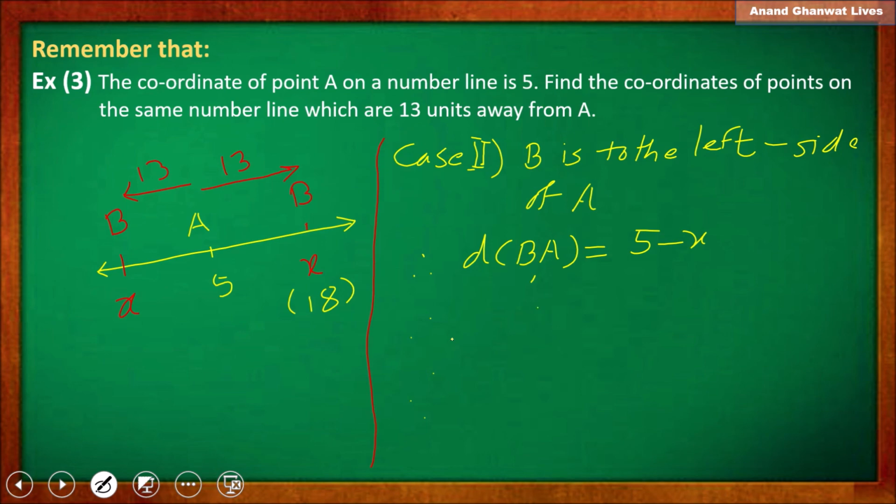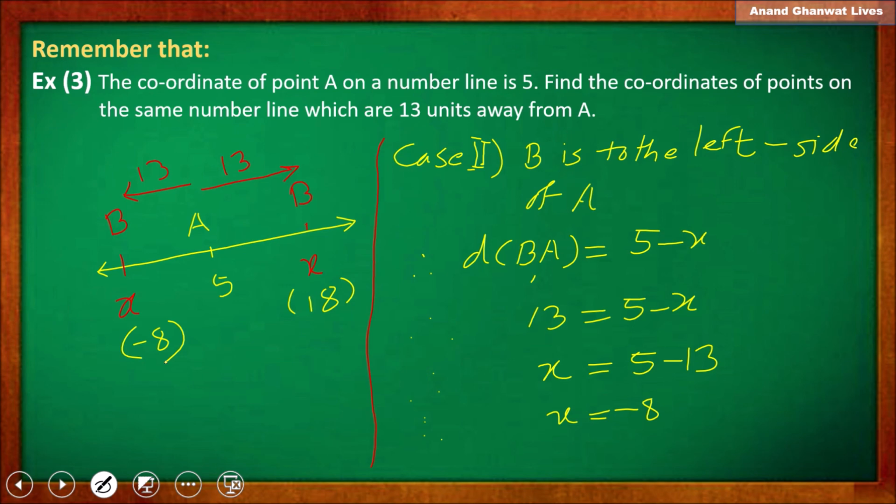Therefore 13 is equal to 5 minus x, and therefore x is equal to 5 minus 13. Therefore x is equal to negative 8. So the possible coordinate of point B is negative 8 if B lies on the left side of A. Therefore the coordinates of the point on the same number line and 13 units away from A are negative 8 or positive 18. Okay.